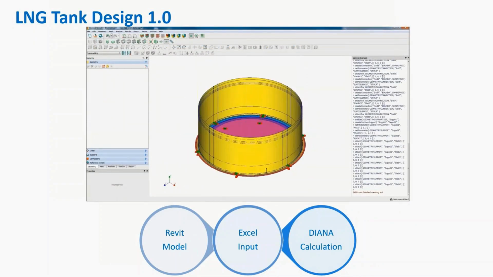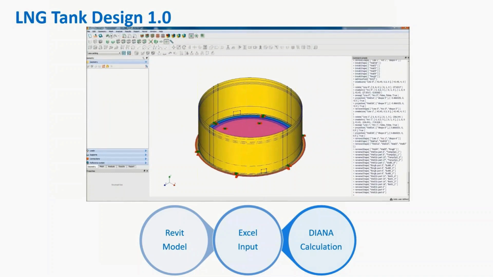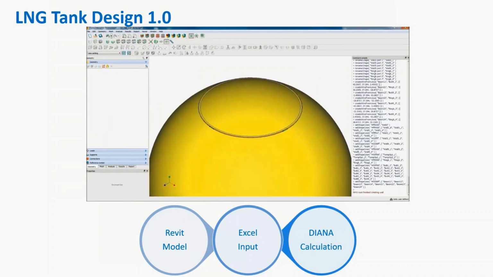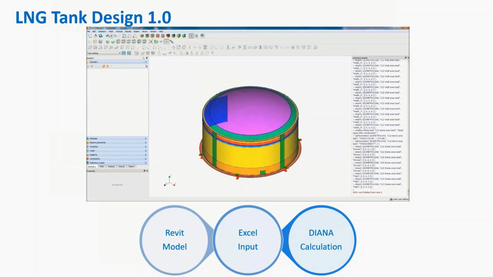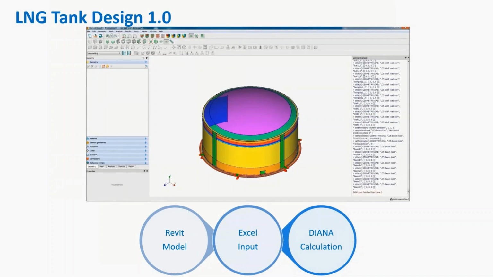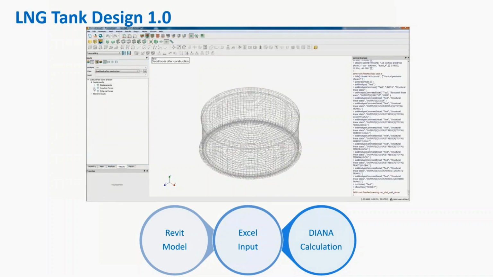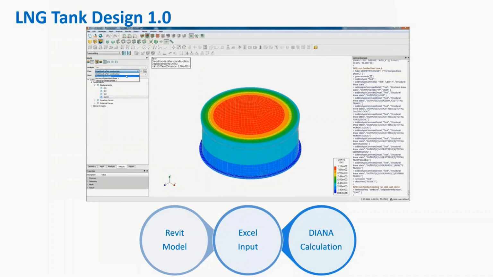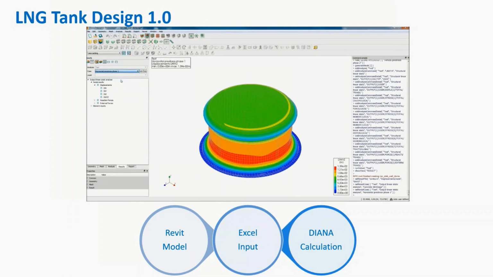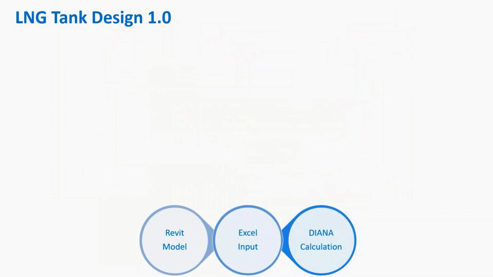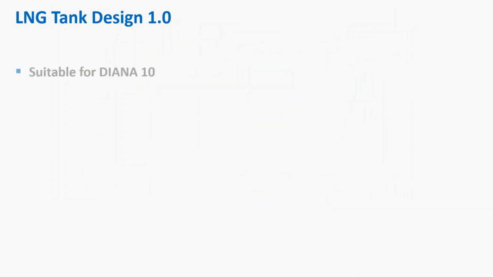And here you see that the LNG tank is created in Diana, and all materials and geometries are assigned, and also loads and load combinations and supports. And analysis can be done, and now we can assess the LNG tank and come up with a good design.